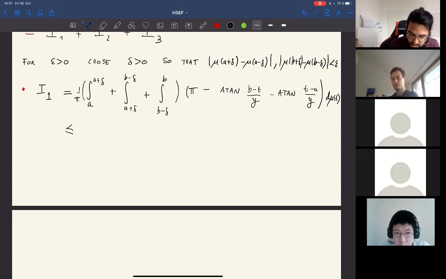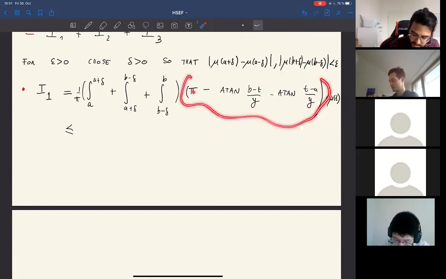Well, I already argued that this here is a positive number between 0 and pi over 2, and this is a positive number between 0 and pi over 2. If you sum, it is a positive number between 0 and pi. So this whole thing is less or equal than pi. I can just bound it by pi whenever I like.